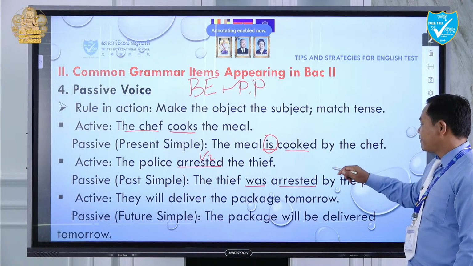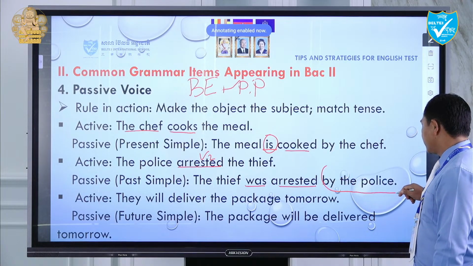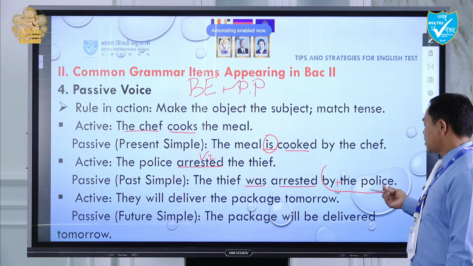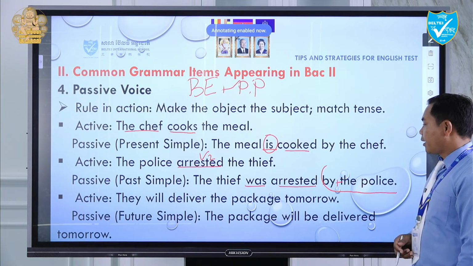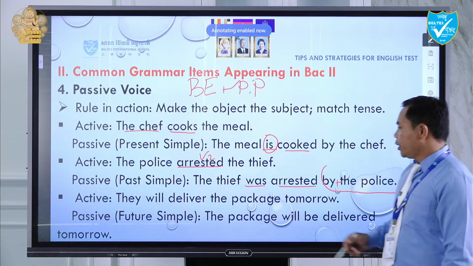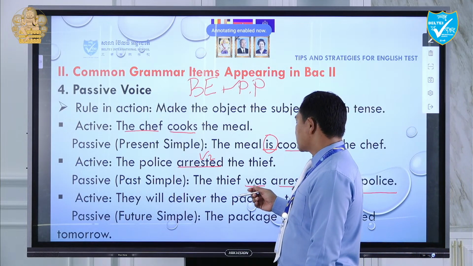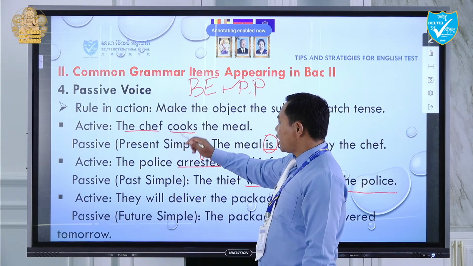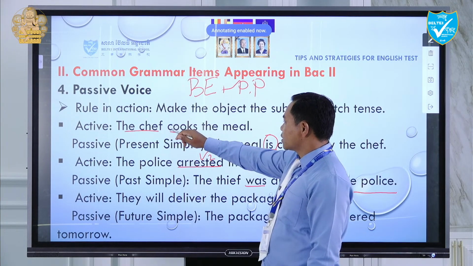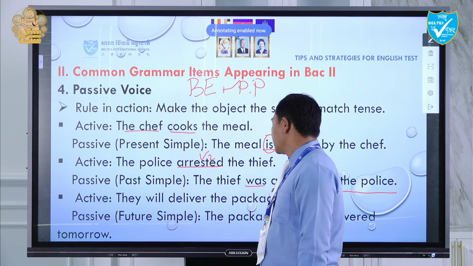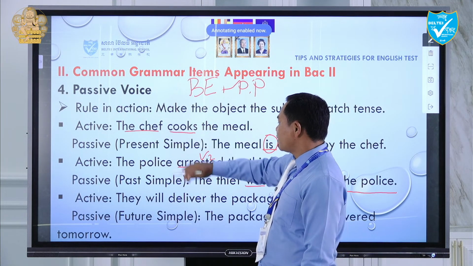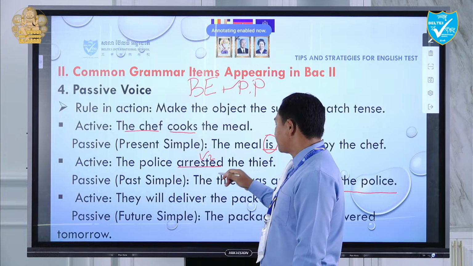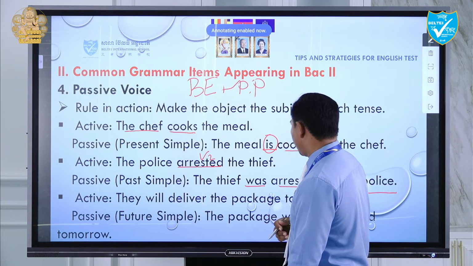You can identify the agent with by plus the people doing the action as well. So in active, we focus on the subject, the doer, but in passive the subject is the receiver of the action.